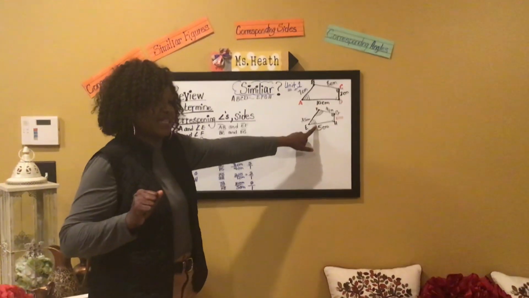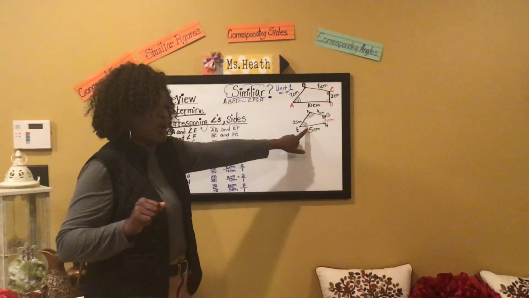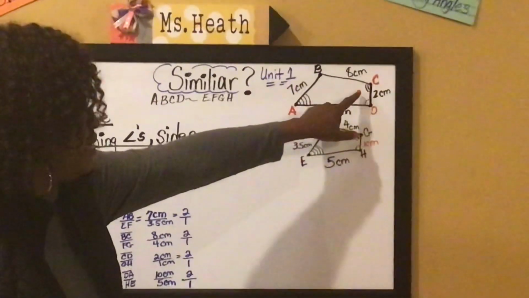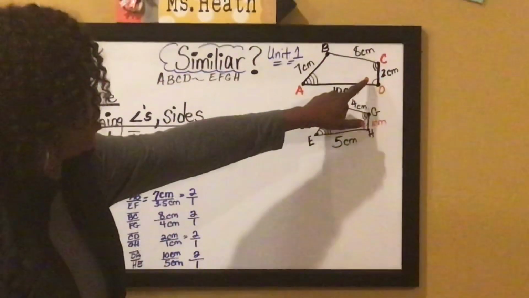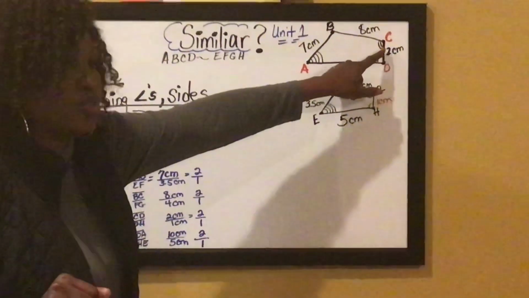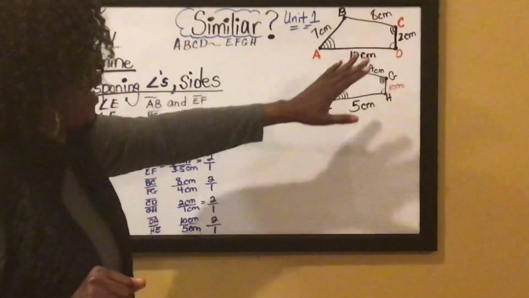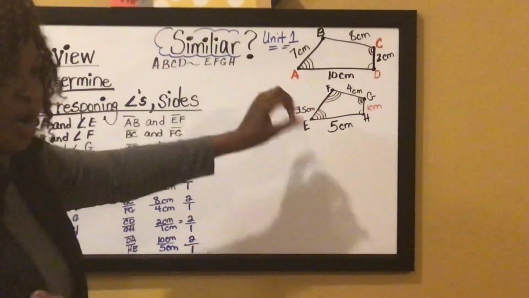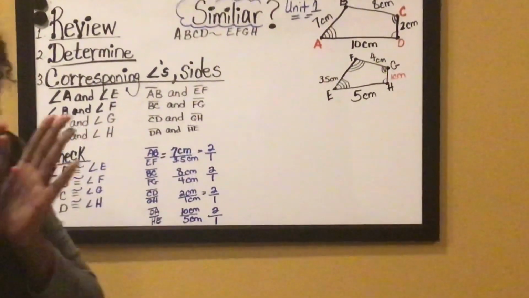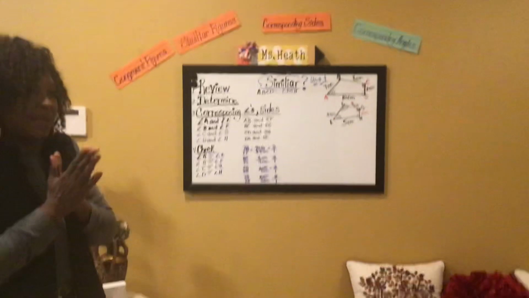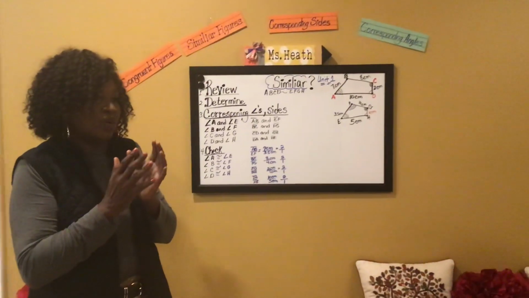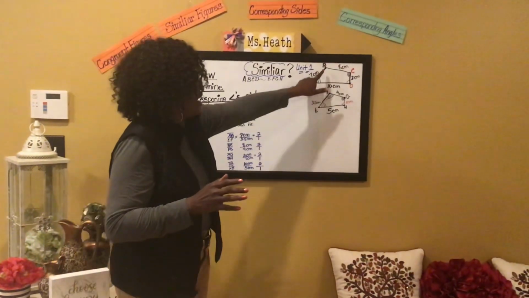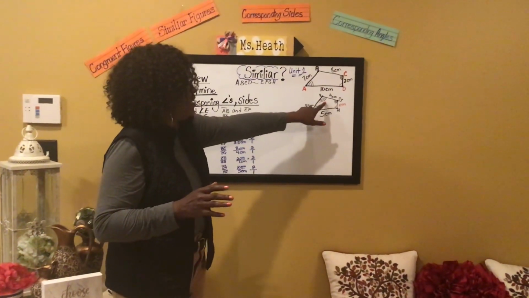Next, we can see that angle B has 3 markings. Here we go, 1, 2, 3. Wait, let me go back. Angle B has 3 markings. I did that deliberately, because that's one of those tricky ones where it corresponds with F. There it is right there, the 3 markings.